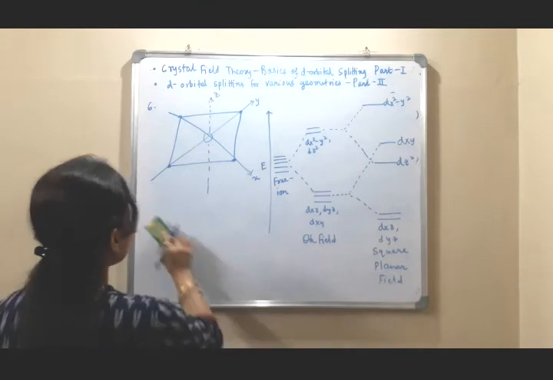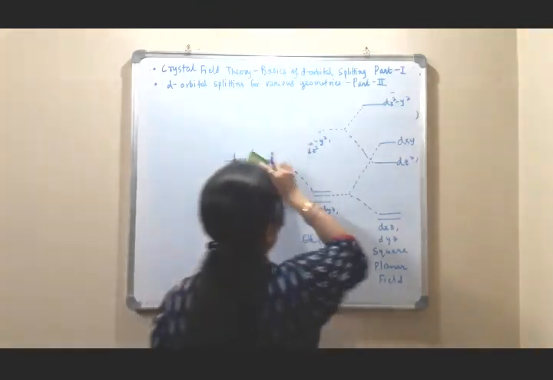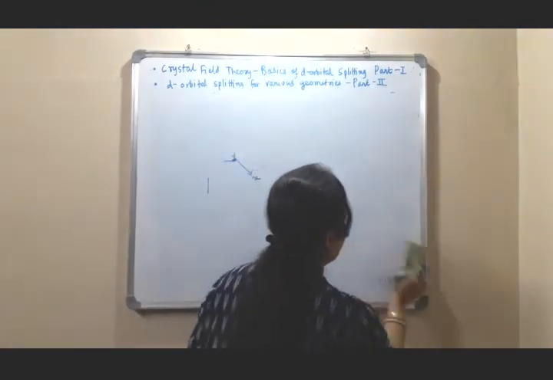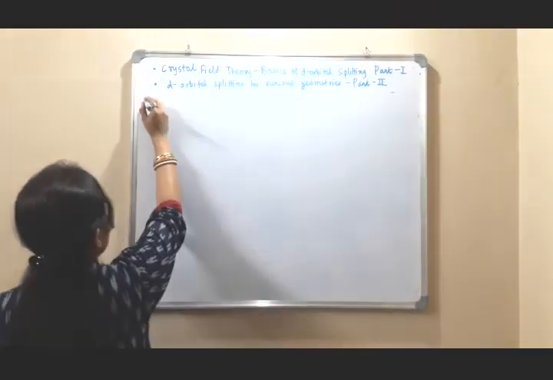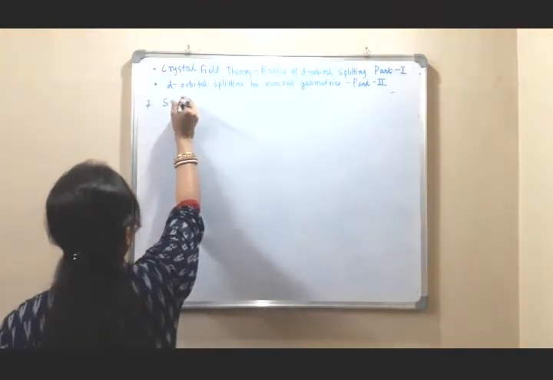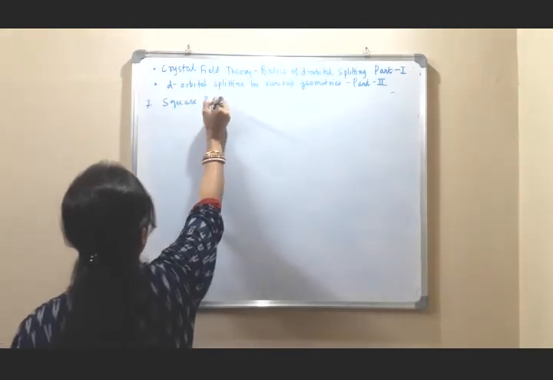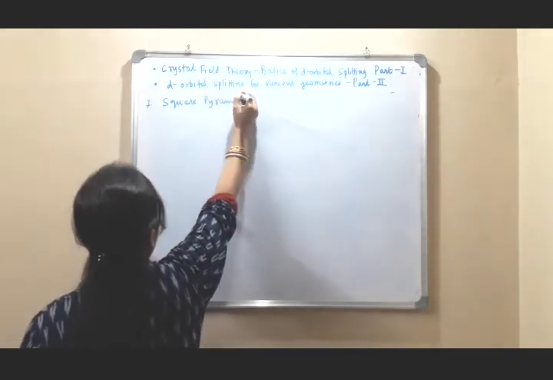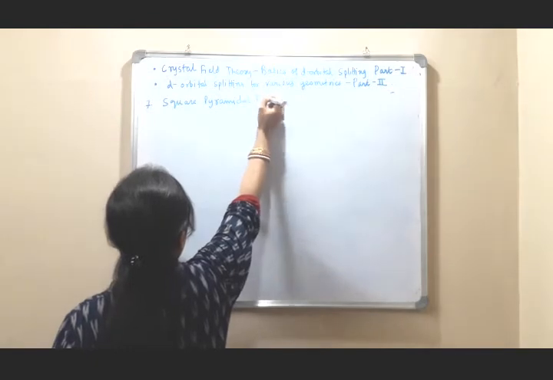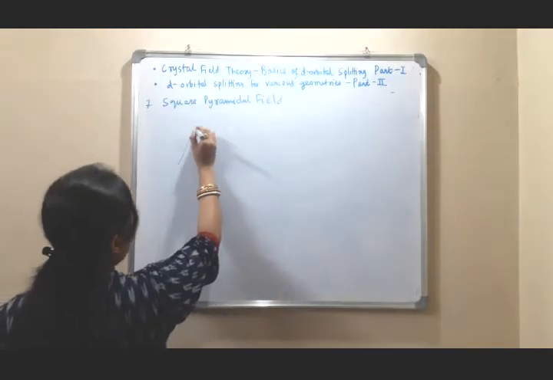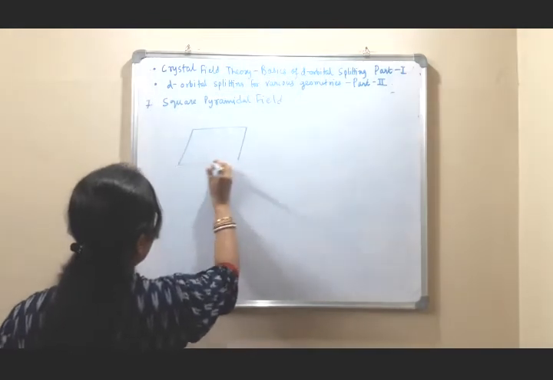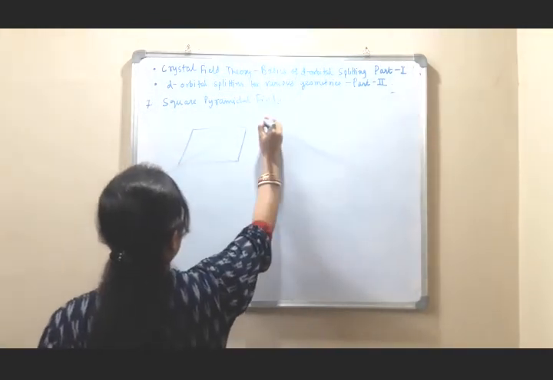Okay. Now move on to the last geometry. Square pyramidal geometry. See, over here what I can think, I am once again drawing the square planar geometry.